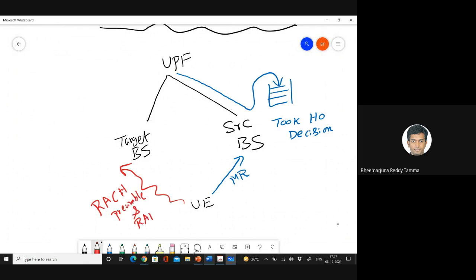Only the two steps are required because it wants to get only the timing advance of the new base station, since it doesn't know the distance between itself and the new base station. So it does step 1 and step 2 of the RACH procedure. And the data is still coming like this, and the data is buffered here.